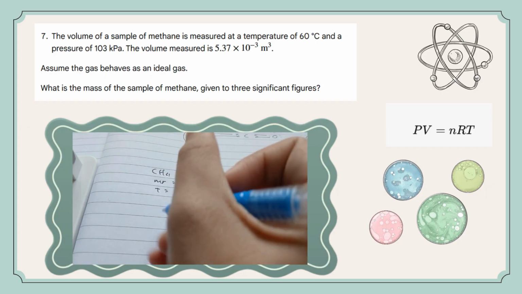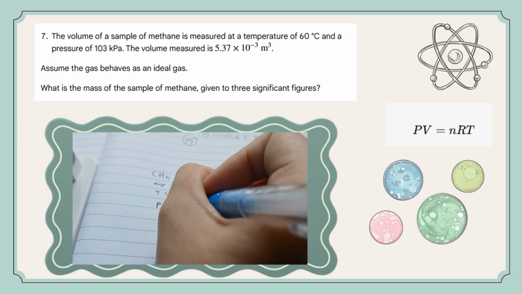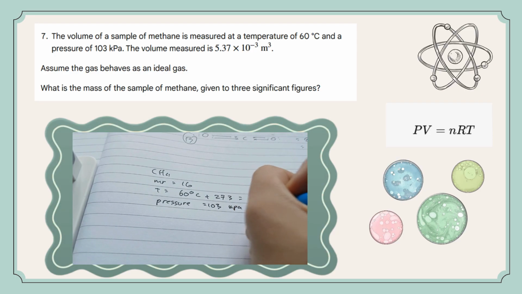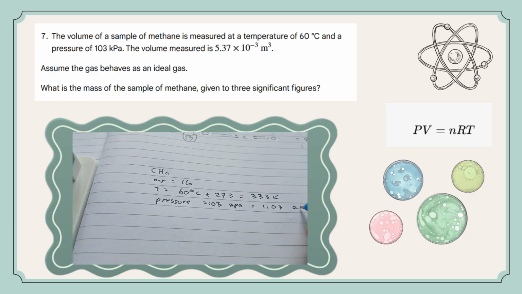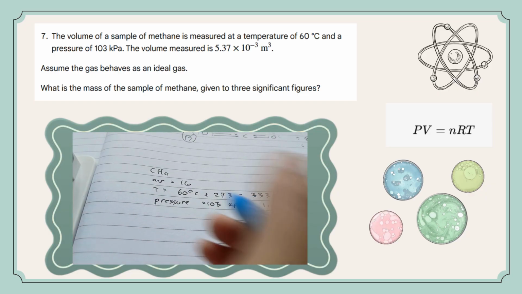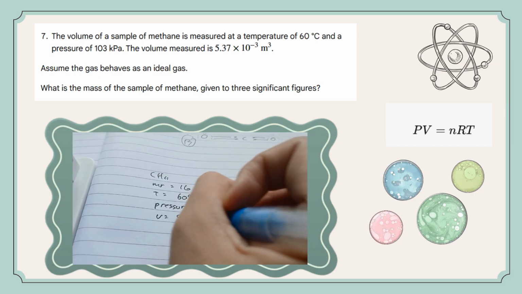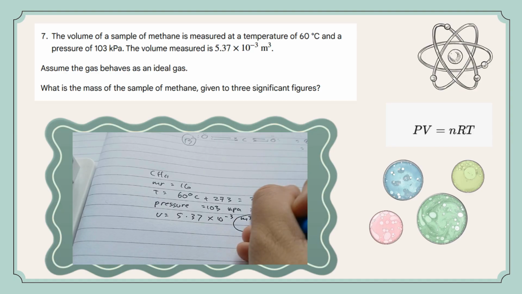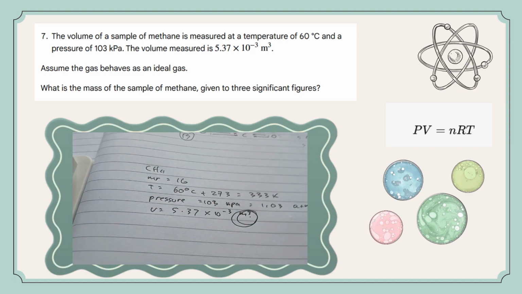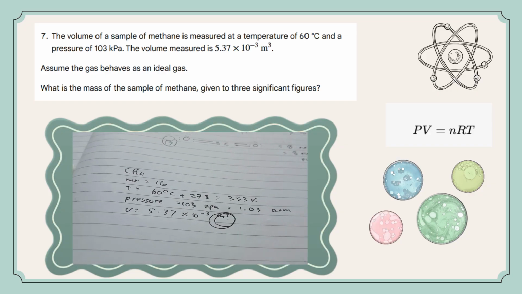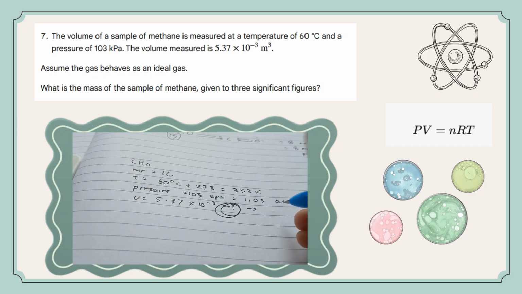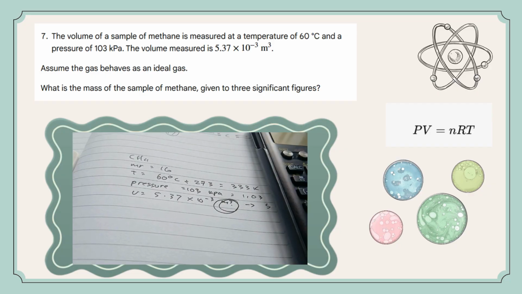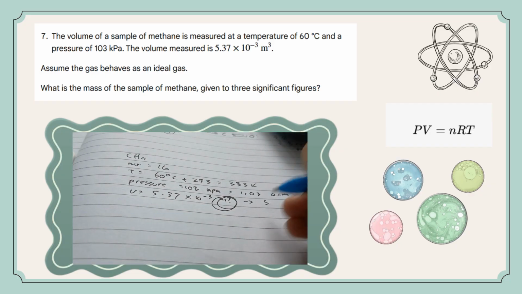And we know the pressure is 103 kPa, so we have 1 atm, and then the volume is given in meters to the power of 3, so we have to convert it to liters.